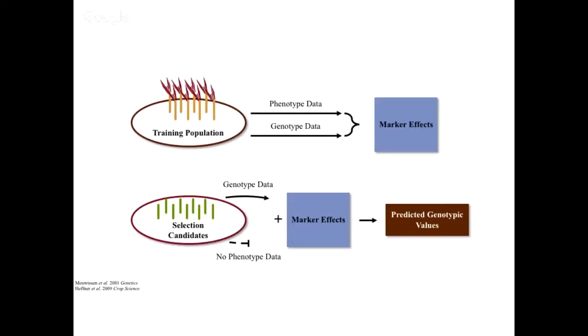We then have a population of selection candidates that have been genotyped for genome-wide markers, but not necessarily phenotyped, and we can predict the genotypic value using that genotype data and the marker effects that we've predicted. The advantage here of genomic selection is that we can make selections on the predicted genotypic values, saving time and resources and avoiding potentially costly field trials.